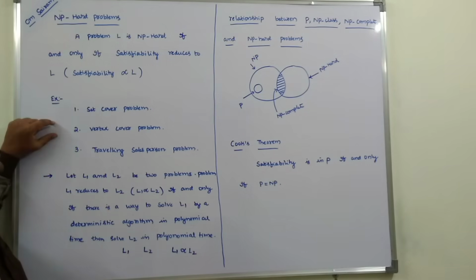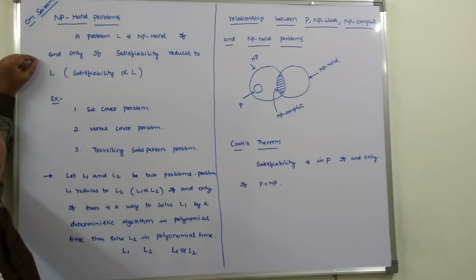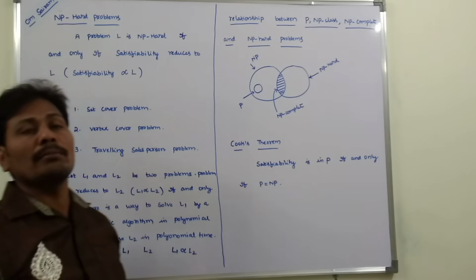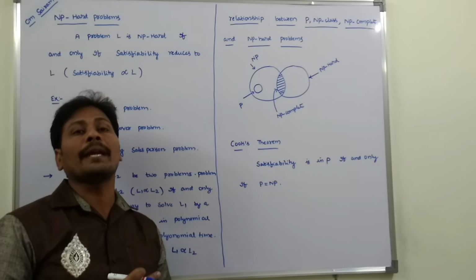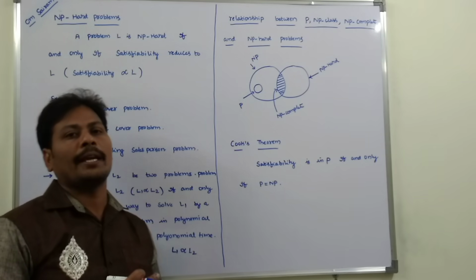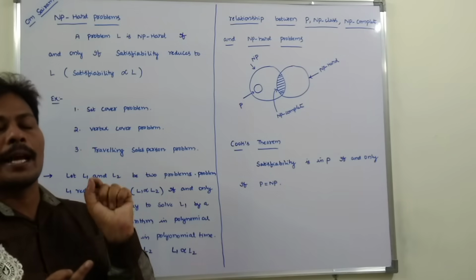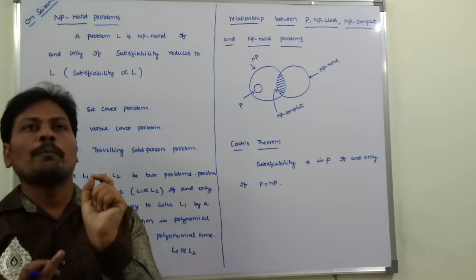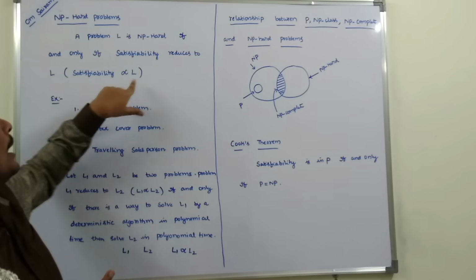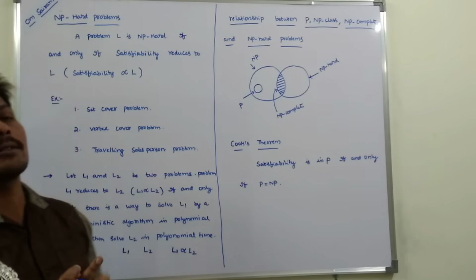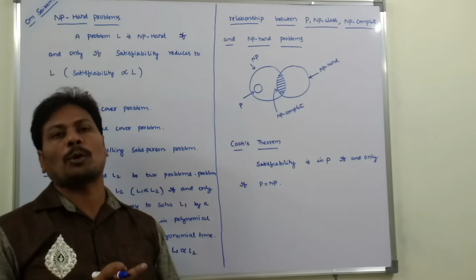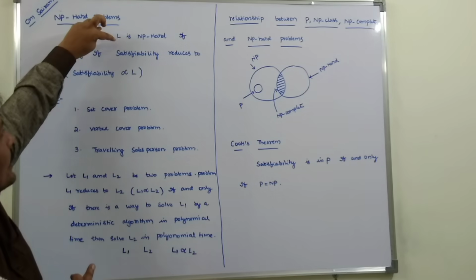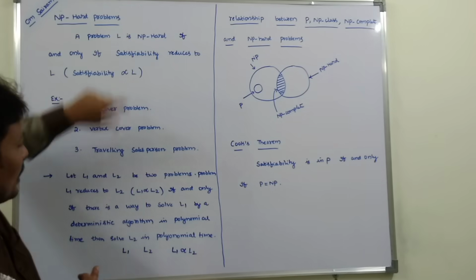This is the meaning: if the satisfiability problem reduces to L, then that problem is called an NP-hard problem.